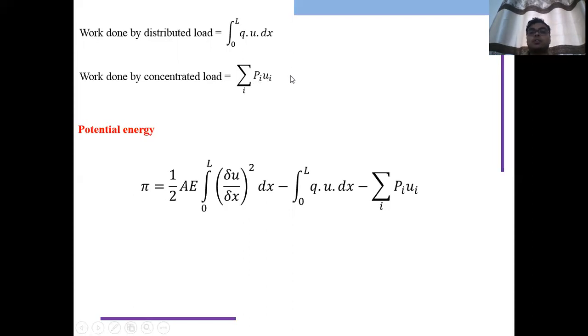If there are two forces, it is P1 into U1 plus P2 into U2. P1 is the load applied at a point and U1 is the displacement of that point, so U is always the corresponding displacement of the load. So the final potential energy equation becomes like this. This is the final potential energy equation for the bar element.